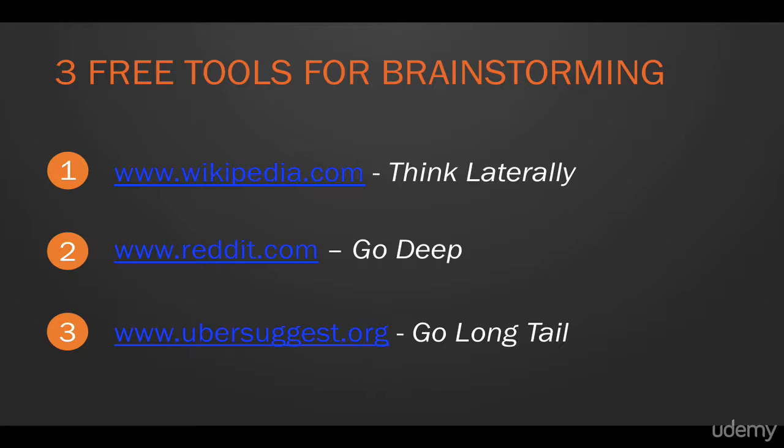So that's why you have to do a little bit of digging and find keywords that maybe your competitors have overlooked. So now that you've put the keywords that you found from these 3 resources into an Excel, what we're going to do in the next lecture is really make a data-driven decision and find out which of those keywords actually gets the most searches, and then we can start to narrow down the list.